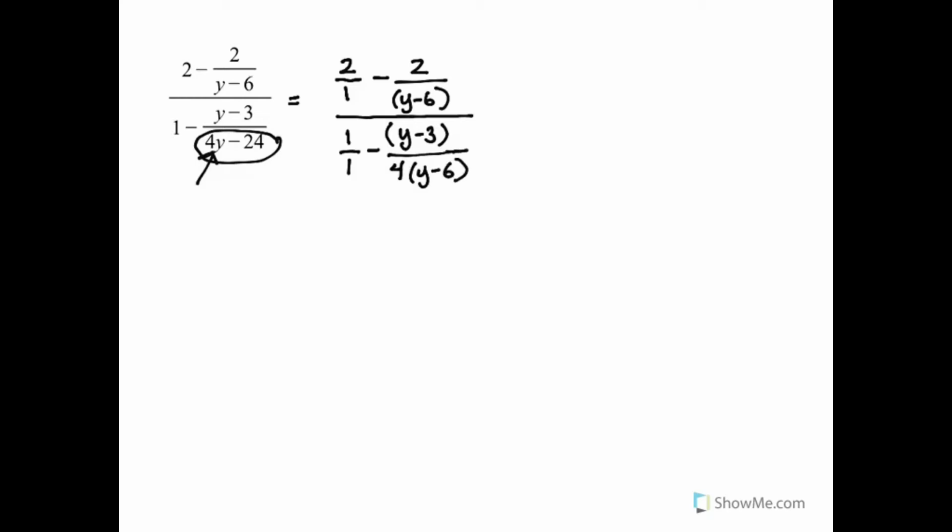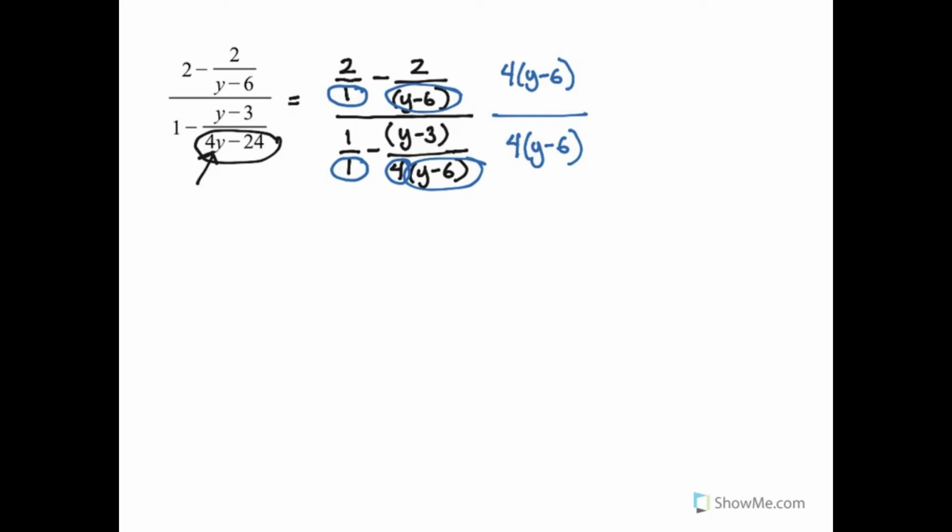So if I look at all the denominators in the fraction, I have 1 and y minus 6, 1, 4, and y minus 6. So my common denominator is 4 times y minus 6. And I'm multiplying the top and bottom of the big fraction by the same thing.